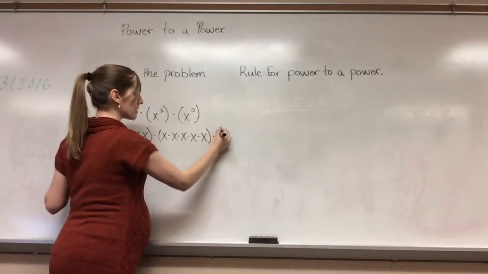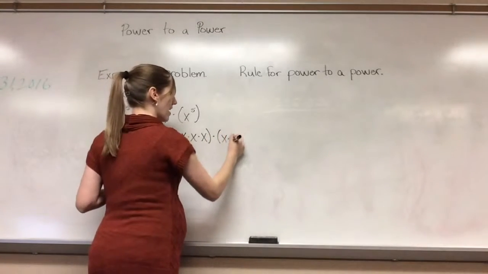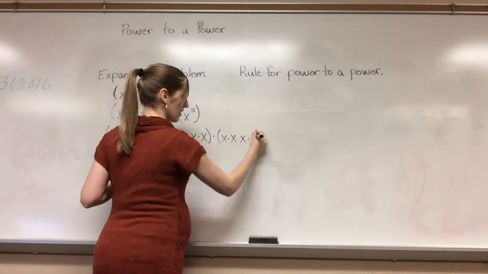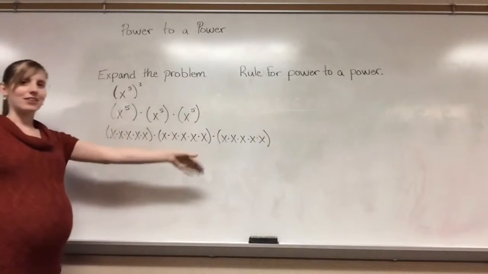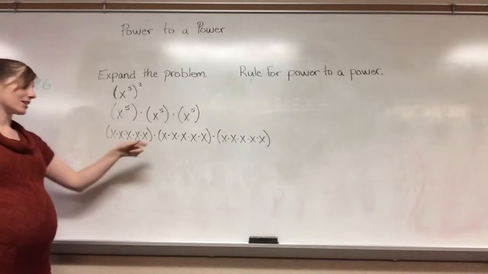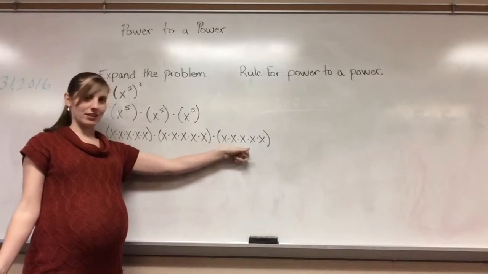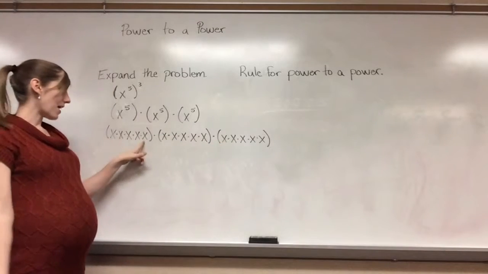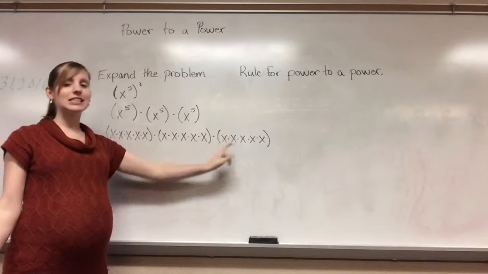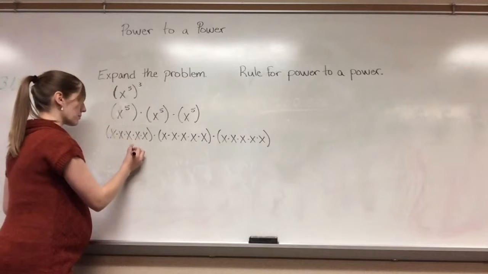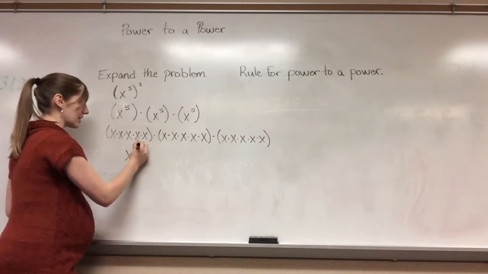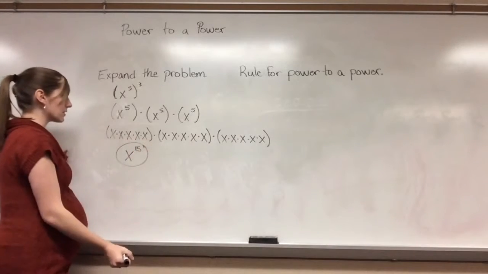And the third set of parentheses would again be 5 x's. 4 and 5. All right. So if I take a look at this, I have 5 x's here, 5 x's here, and 5 x's here. All right. So 5, 10, 15 x's all together. So my answer for this would be x to the 15th if I simplify it all the way down.